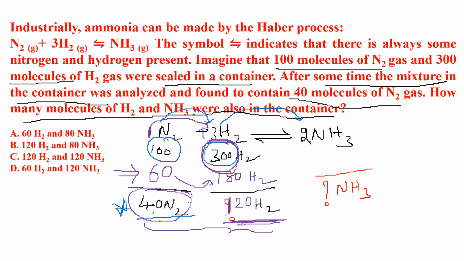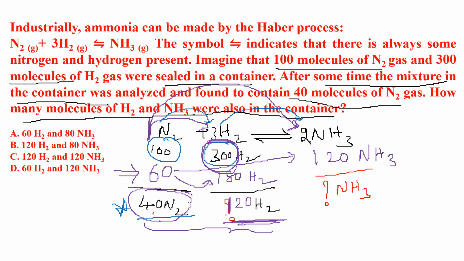Then what about N2, beta? Here 1 mole of nitrogen produces 2 moles of ammonia, a 1:2 ratio. So 60 molecules of N2 reacted, which means 120 molecules of ammonia were produced.